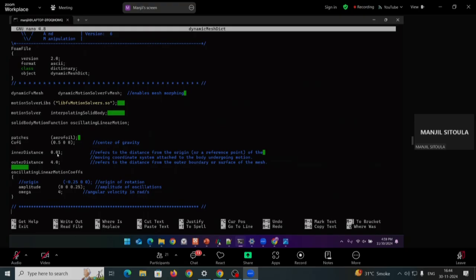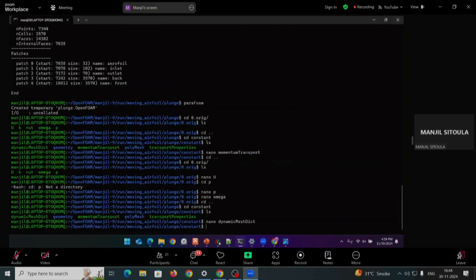In between 0.01 and 4 there is mesh deformation, and outside the outer distance of 4 there is no mesh movement. So we can assign our domain different values of mesh deformation by assigning this inner distance and outer distance. This is the importance of the inner distance and outer distance in the interpolating solid body motion solver.